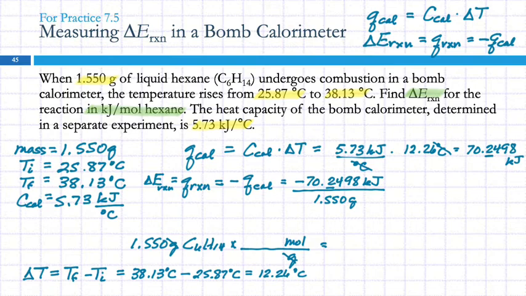So it's 6 times 12.01 plus 14 times 1.008, or 86.172. So 1.550 divided by 86.172 is 0.017987. I'm getting tired of writing numbers. How many do I need? I need 4.